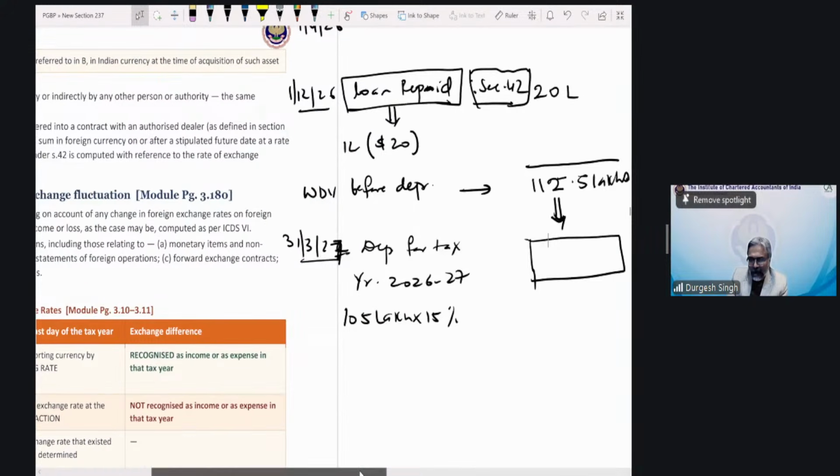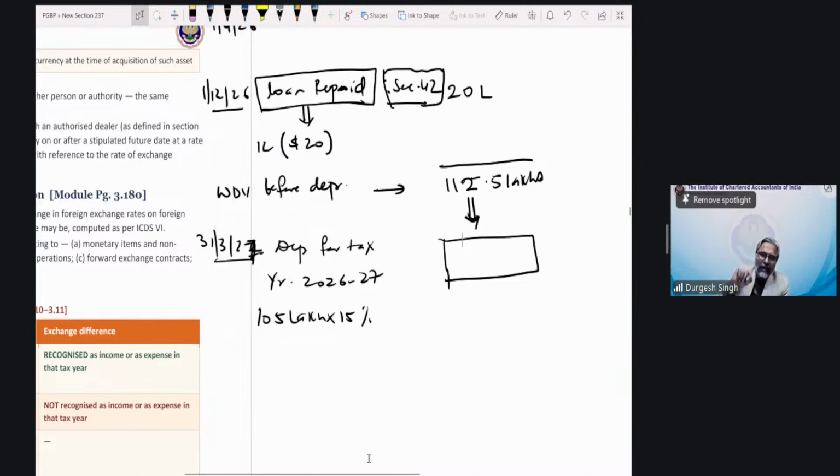Now you tell me what would have happened if he would have paid only 50% of the liability in this particular case. 50% liability he has paid on 1st December 2026, and the balance 50% he has paid on 1st December 2027, when the exchange rate was 140. Then what would have been your answer? Your answer in this case would be: if you have paid in part, to the extent that you have paid, that much of the exchange rate fluctuation will be recognized.